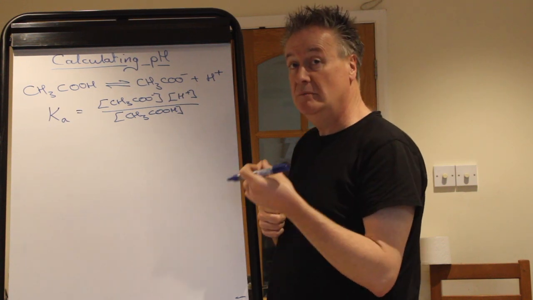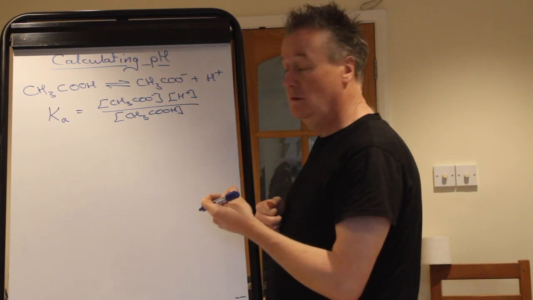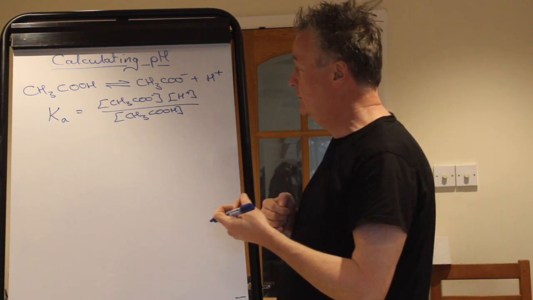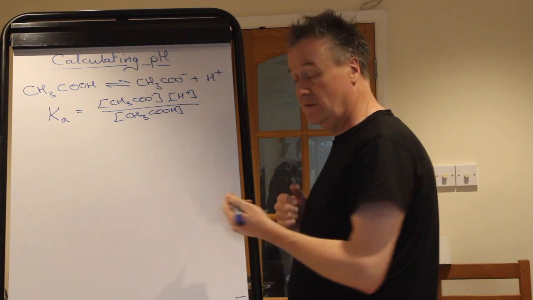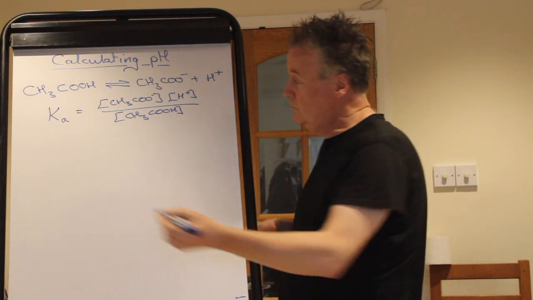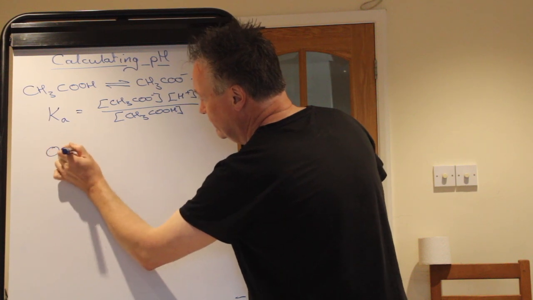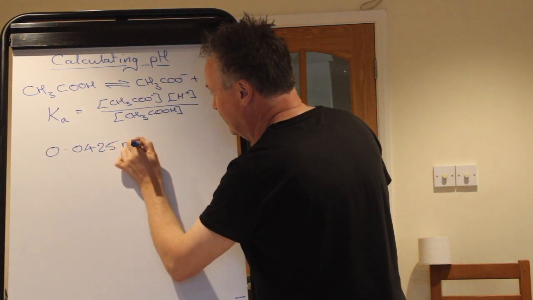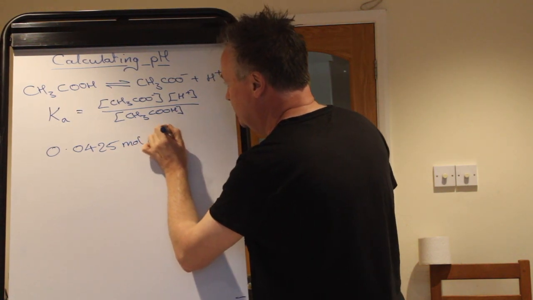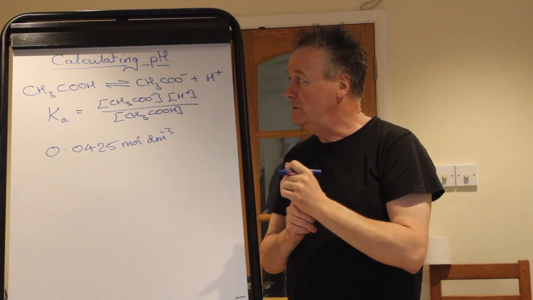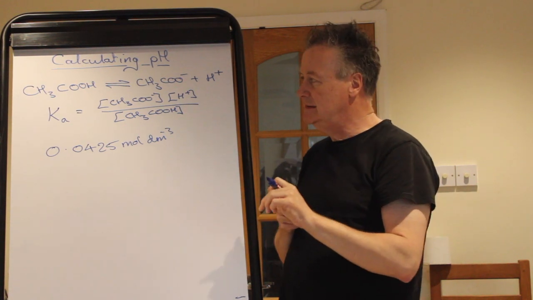It has, but you assume, for mathematical simplicity and a couple of decimal points difference, that it hasn't. So if we had a concentration of, let's not use the same value as last time, 0.0425 moles per cubic decimetre of the ethanoic acid, which is what this is.